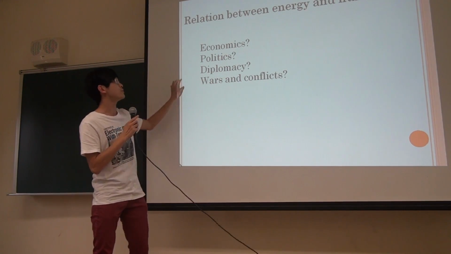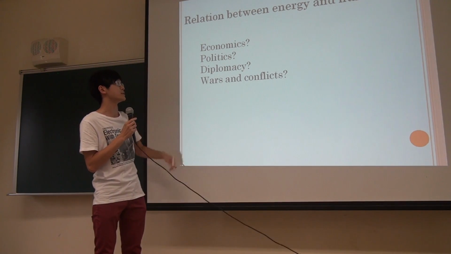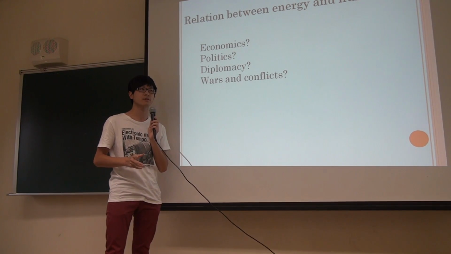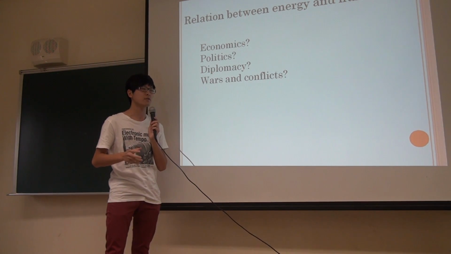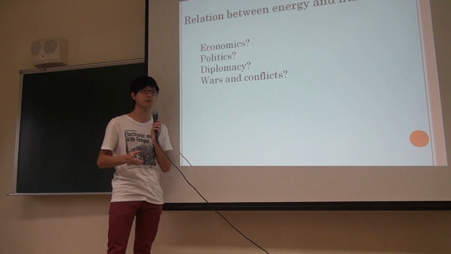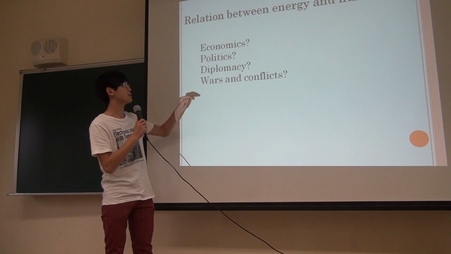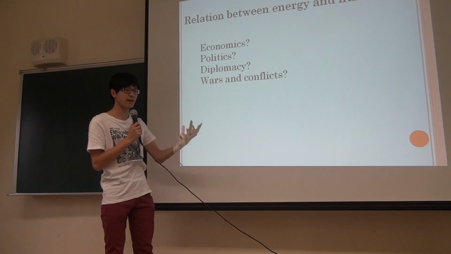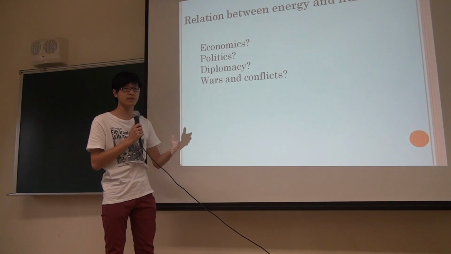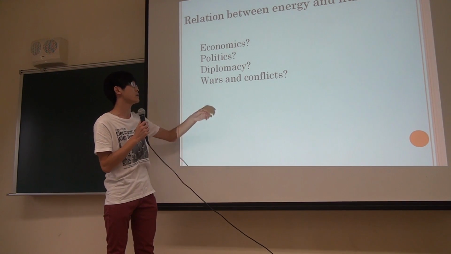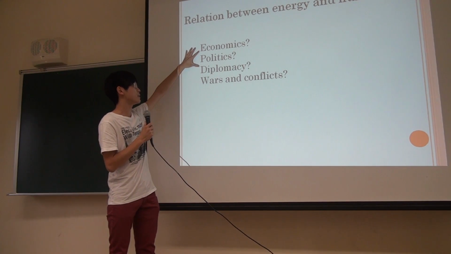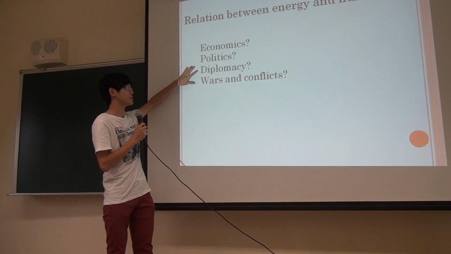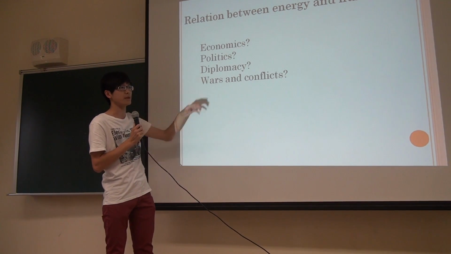And the relationship between energy and humanities. It says that if any country controls the oil, then it controls the wars, because the energy sources provide the energy that lets the machines work. So it also affects us a lot: the economics, and sometimes politics and diplomacy.